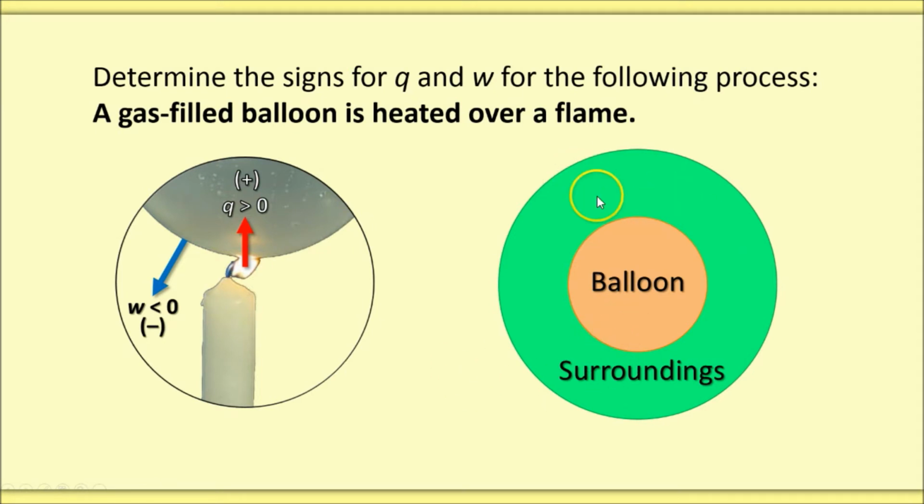So if you can just draw these concentric circles, label which one is the system, which one's the surroundings, you can quickly show that heat is entering the system from the surroundings, therefore Q is positive, and the system is doing work on the surroundings, therefore the work is negative. We represent that by these arrows. Okay, so this is a very quick, abridged way of this process of thinking, but it's the same thing.